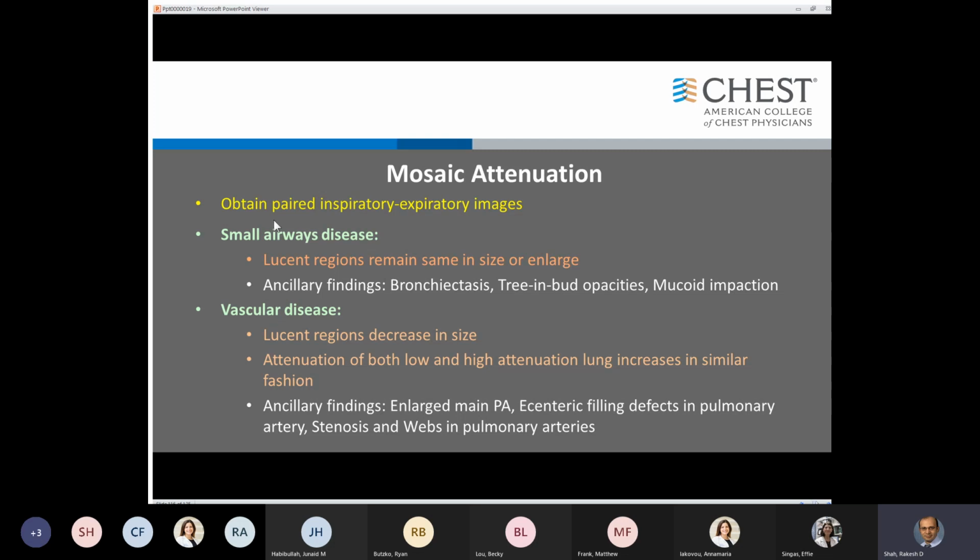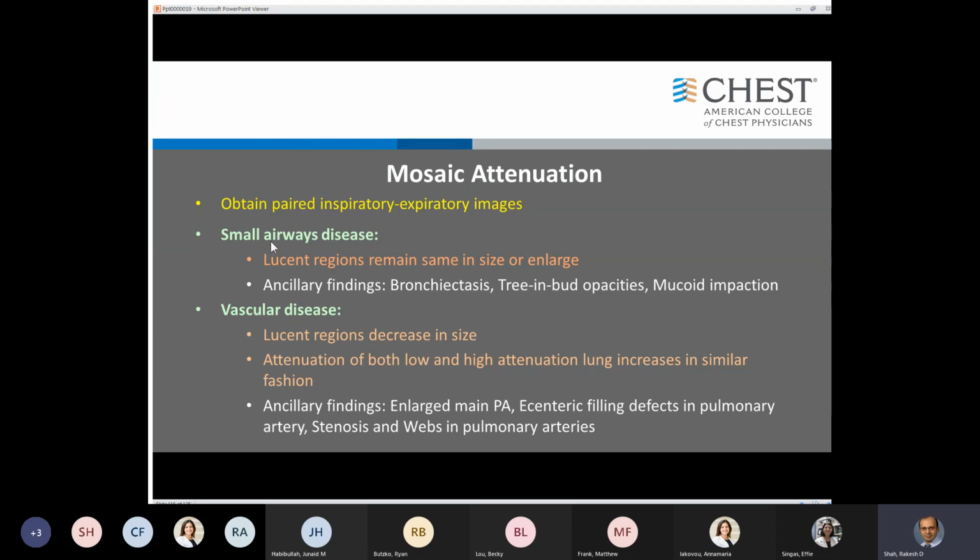So what one can do is what we call paired inspiratory and expiratory scans. You have the patient take a deep breath, hold it, and scan the chest. And then you do another scan where you tell them, take a deep breath, completely expire the air, hold it, and you image. When you take a deep breath and let it out, the lung, like a balloon, will give the air out and it will become opaque.